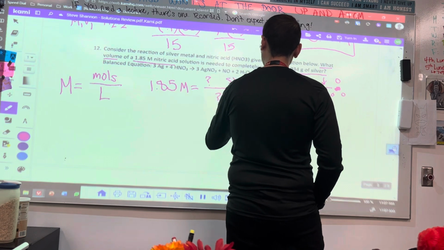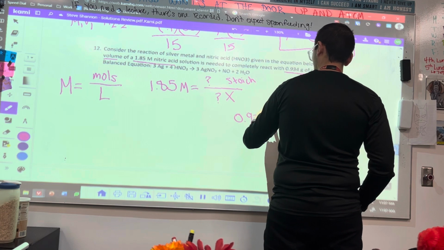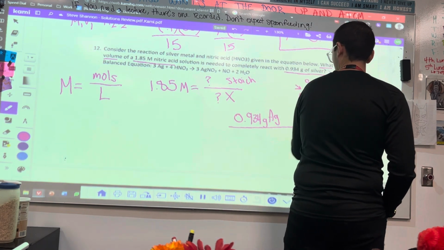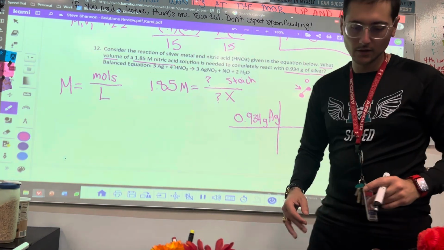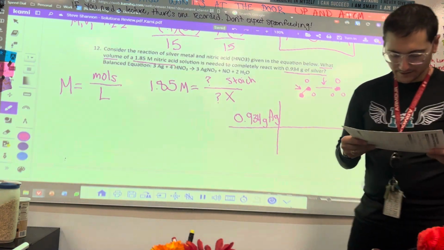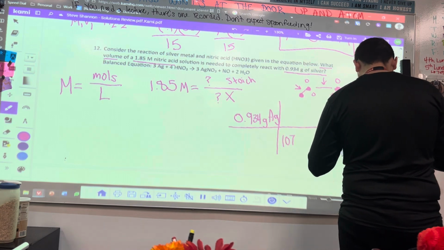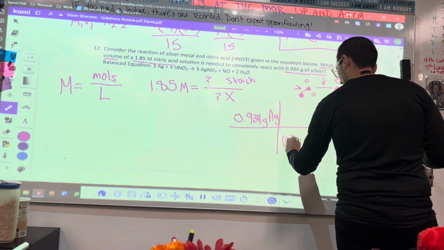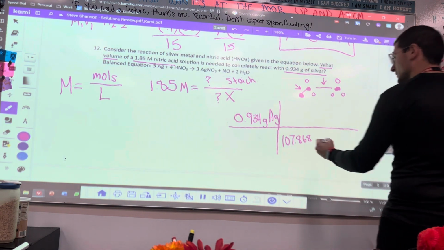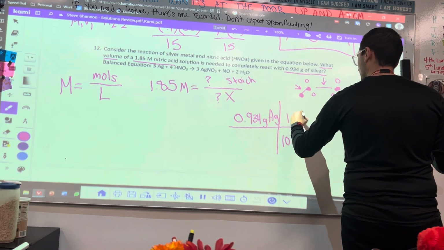So I do 0.934 grams of Ag, and then I'm going to drag down grams of Ag, so I need my molar mass. That's going to be 107.868 grams of Ag. That will equal 1 mole of Ag.